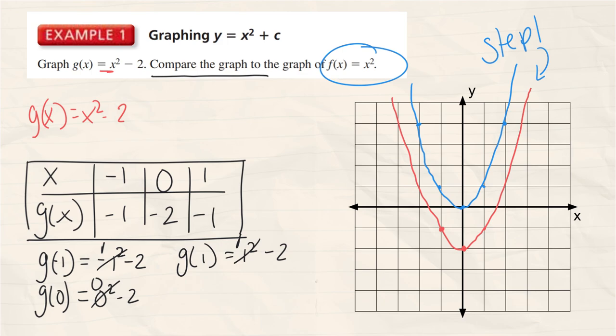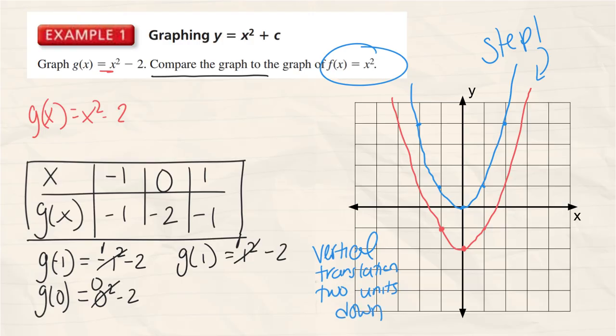I don't have an a, that's a 1. So it needs to be greater, not equal to, but greater. So here I have a vertical translation, 2 units down, correct? 2 units down.